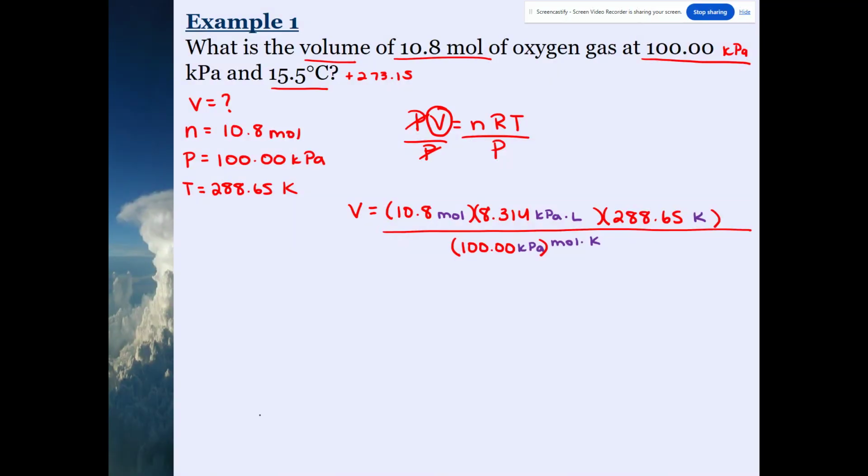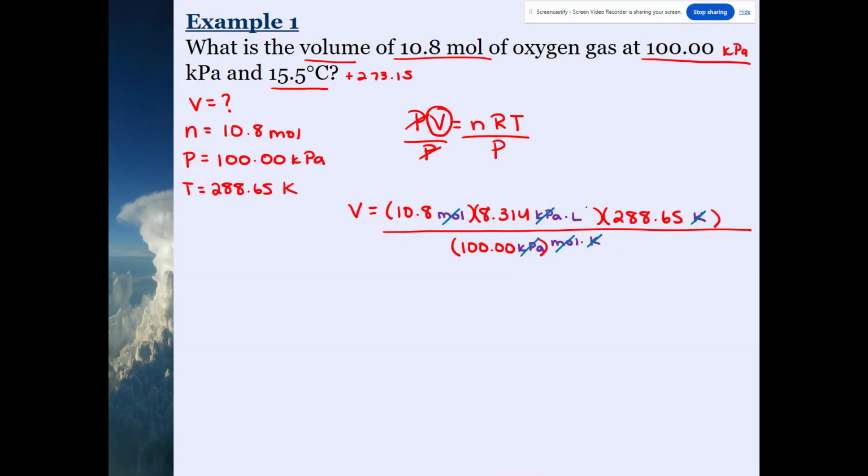So if you're doing unit analysis, which like I said, I don't force my students to do in Chem 20, but if they're going to be continuing chemistry, I highly recommend they do it. You'll see how the units cancel. I have a mole on the top and a mole on the bottom, so they cancel. I have a kilopascal on the top and a kilopascal on the bottom, so they cancel. Same with the kelvins. Kelvin on top, Kelvin on bottom, so they cancel.